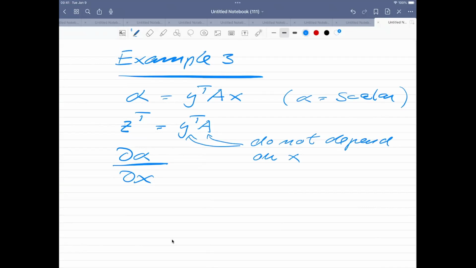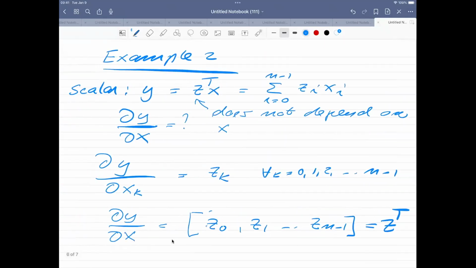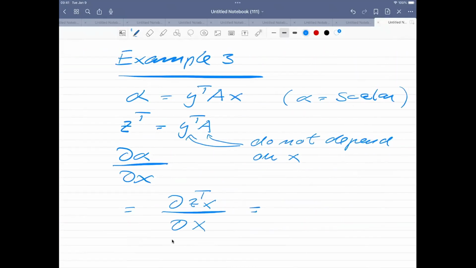But the thing now is that what you have is something which goes like the derivative of z of t times x with respect to x. And if we go back to what we had previously here, this is the same. So this will be the same as z of t, which is the same as y of t times A. Yeah. So alpha is just a scalar.